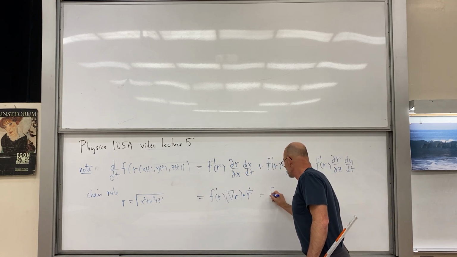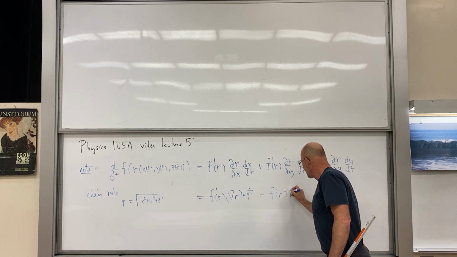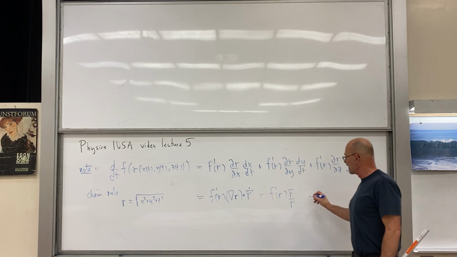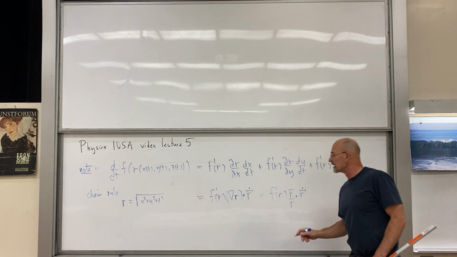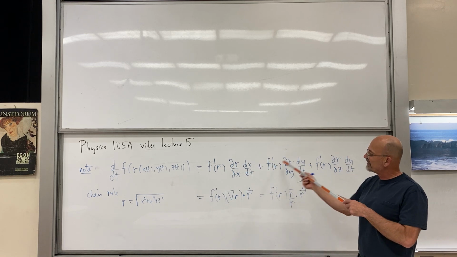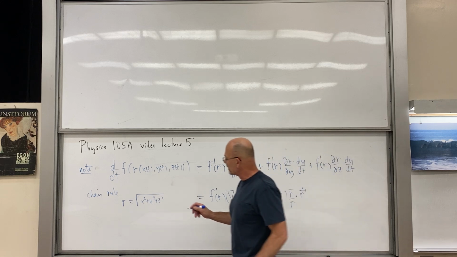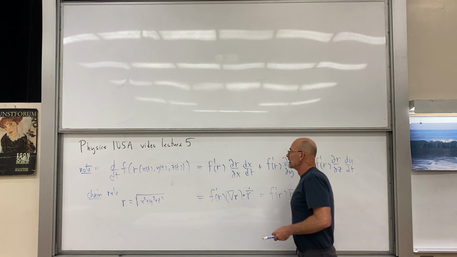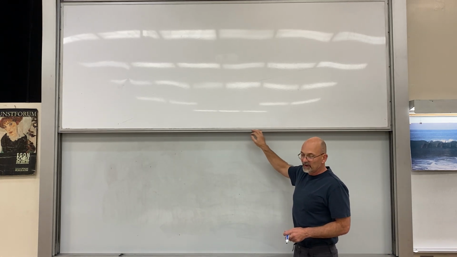Completing this exercise, the gradient of r would be a unit vector in the direction of r, and then we would have the dot product here. So I just scrawled that up there, and you can add this to your notes. We'll do more about the chain rule in multivariable calculus later. Good, just to clarify any ambiguities that were there.